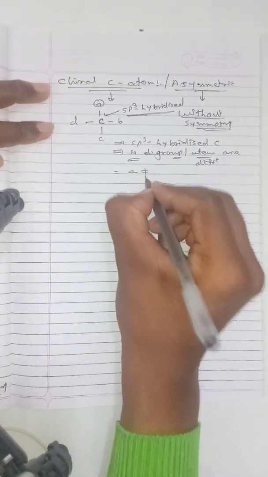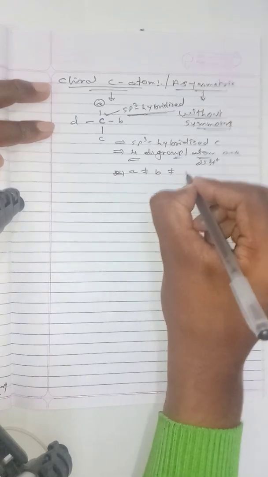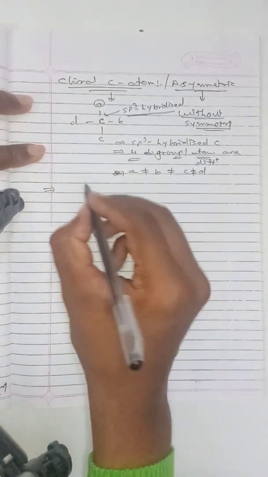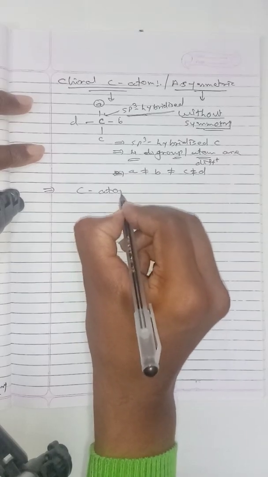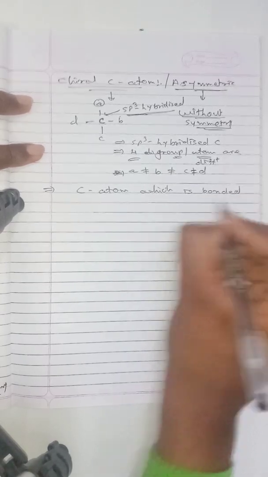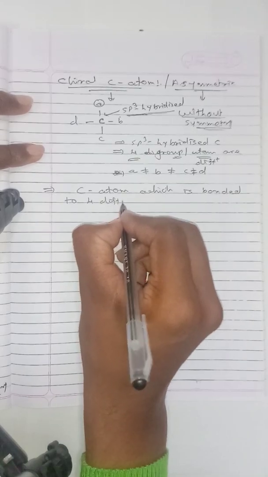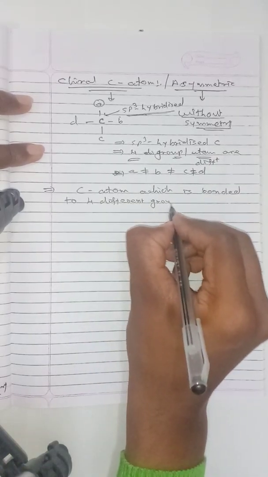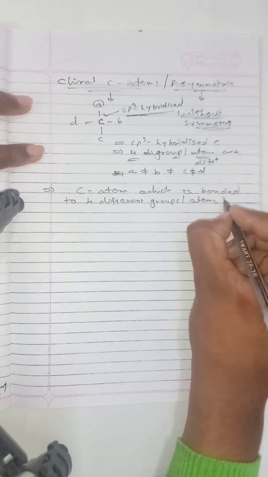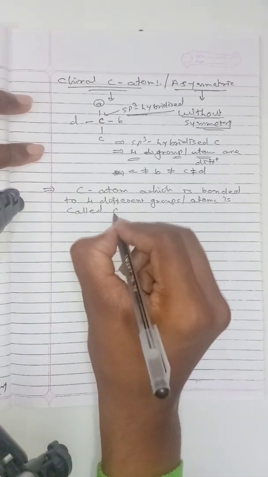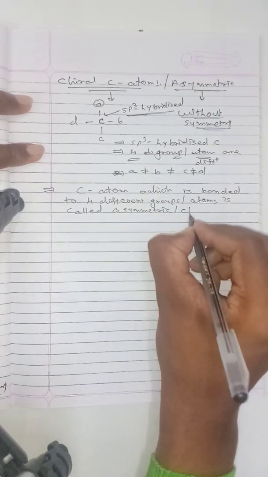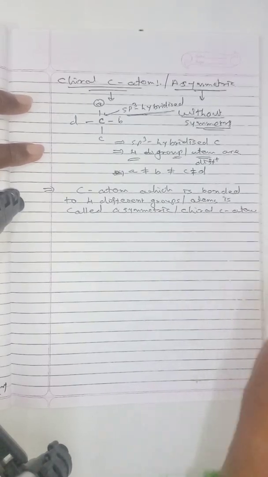That means A is not equal to B, is not equal to C, is not equal to D. So a carbon atom which is bonded to four different groups or atoms is called an asymmetric or chiral carbon atom.